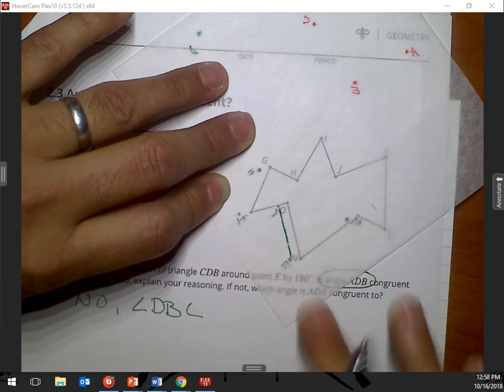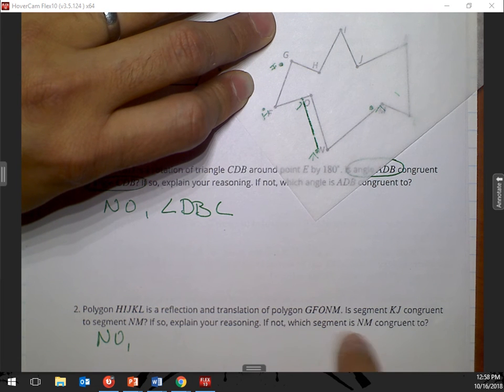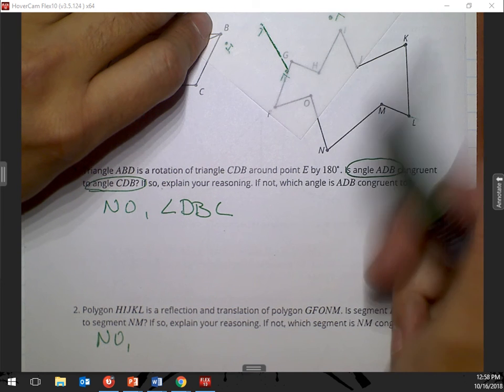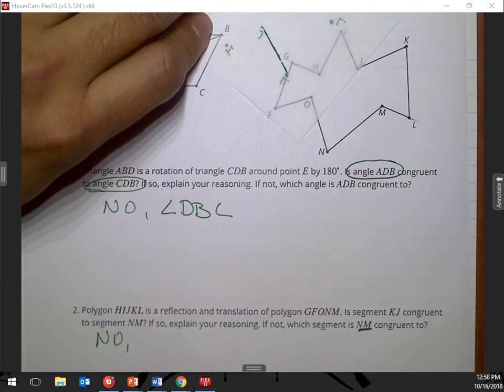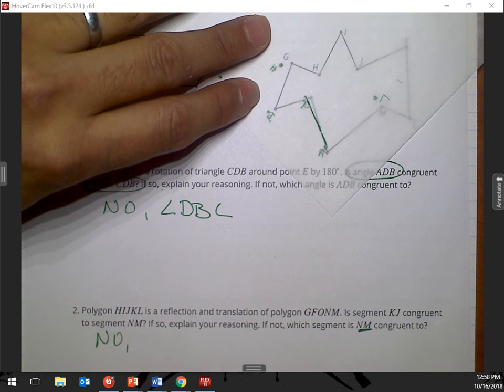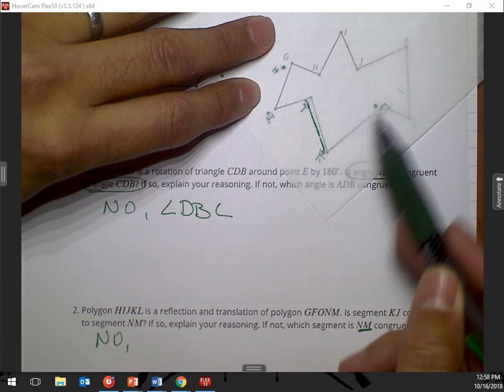Which segment does NM line up to? This is NM. It's asking for NM, right? NM lines up to, what are these two right here? I have no idea.